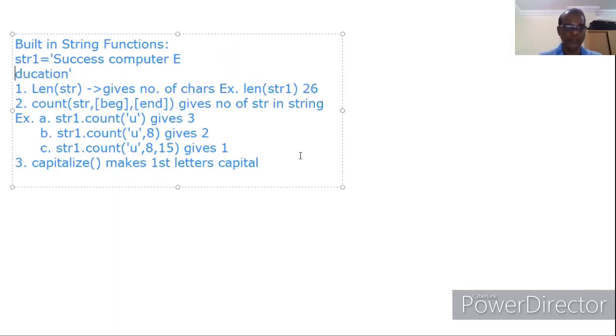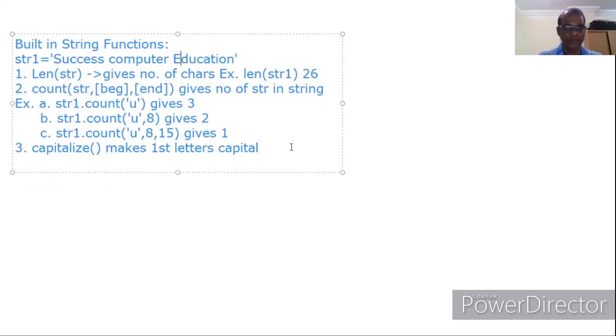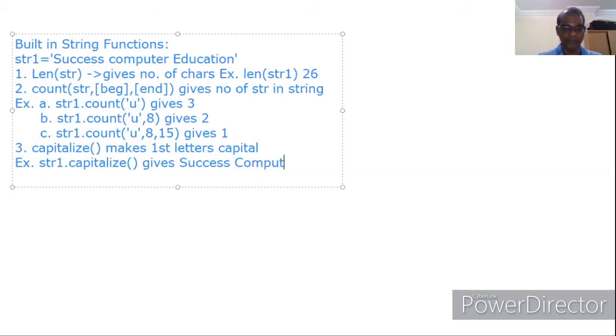Then we will get str1 dot capitalize. It returns a string that gives capital S. S alone will be capital, the remaining will be small letters. This is also a small letter. First letter only is a capital letter. Everything else will be small letter.